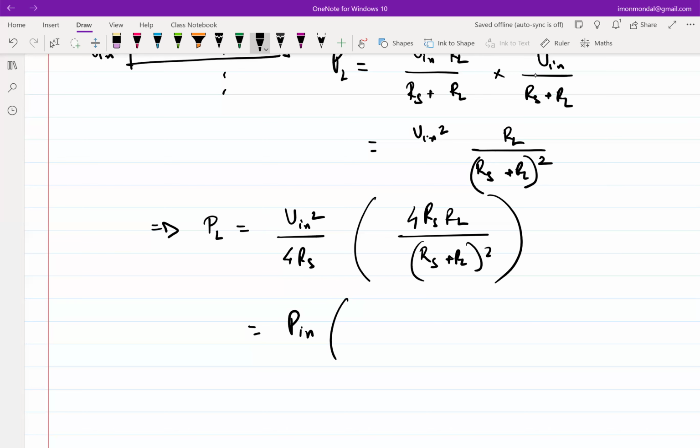And this becomes, let's say, it has to be power in minus something, right? So I'll just say this is P in times 1 minus something, right?